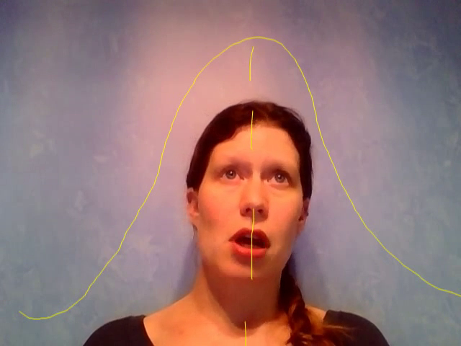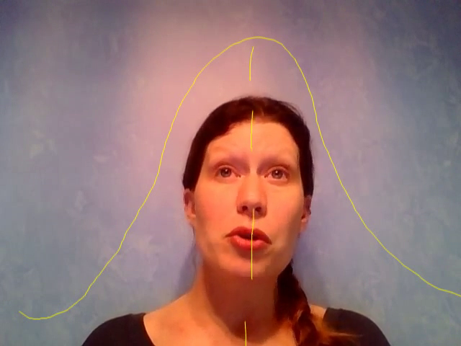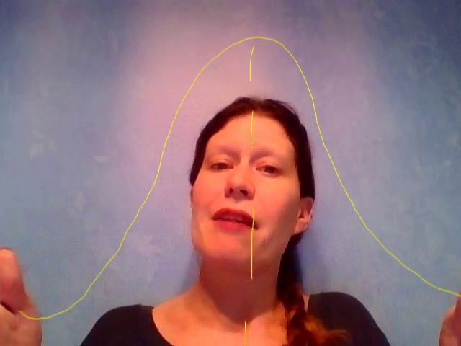So if we took all of the students in your classroom and we lined them up shortest to tallest, we'd find most of the kids somewhere in the middle, sort of close to this average. We'd find some kids that are taller, some kids that are shorter, but the farther we get from the average, the less common some of those heights on the end become.